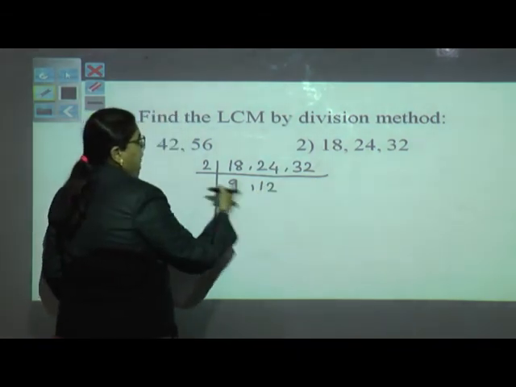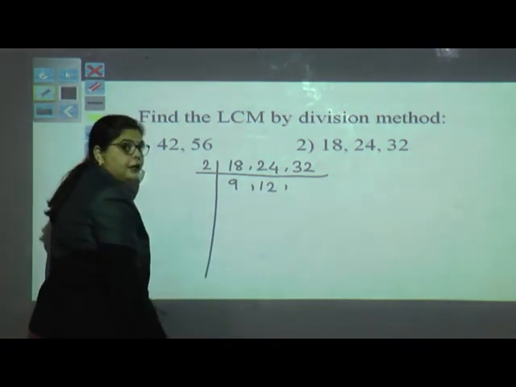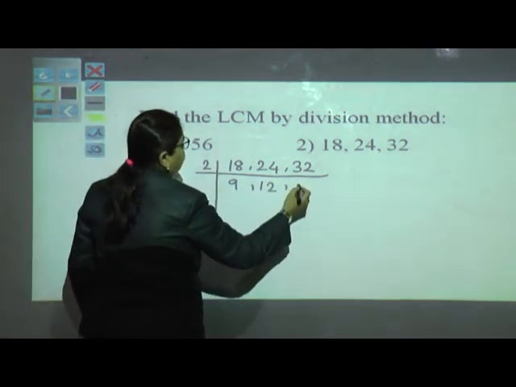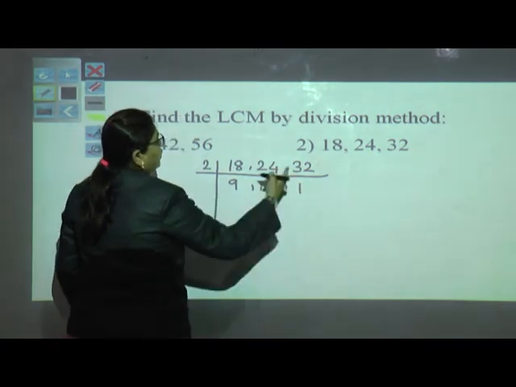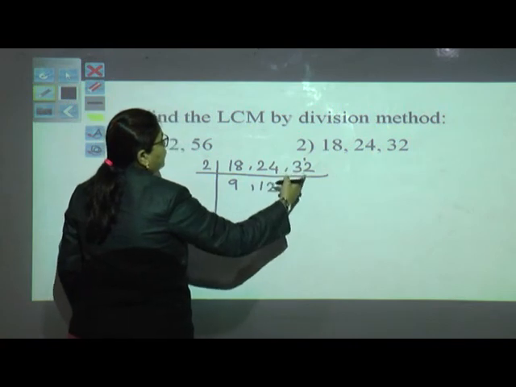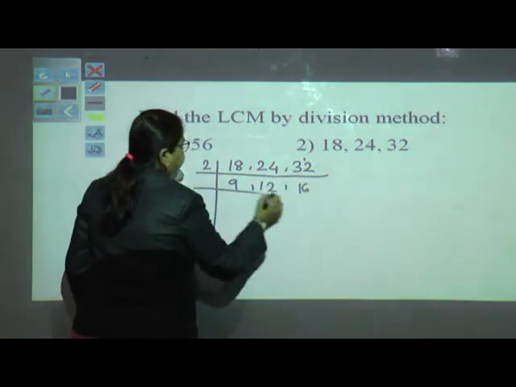If you know the table till 20, it will be easier for you. Otherwise, I will give a trick: 2 1s are 2, 3 minus 2, 1 is left, so we write 1 here. So it is 12, 2 6s are 12.